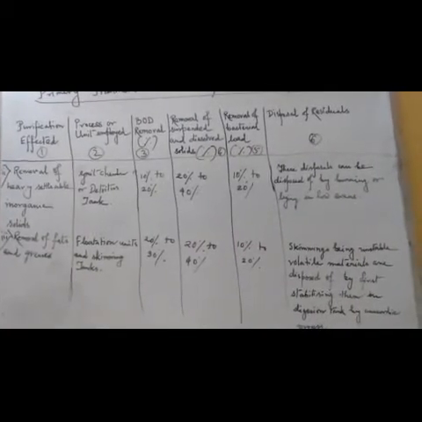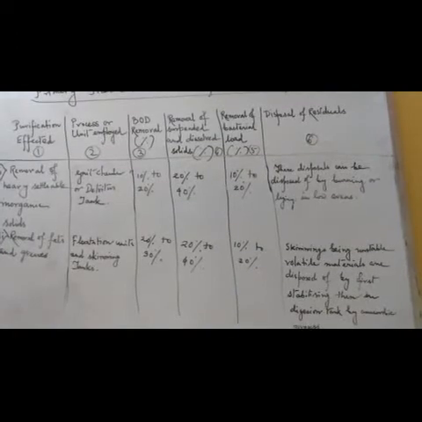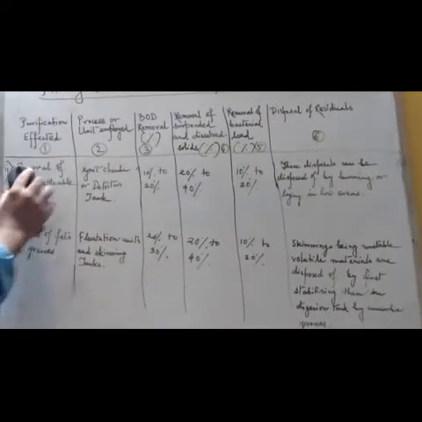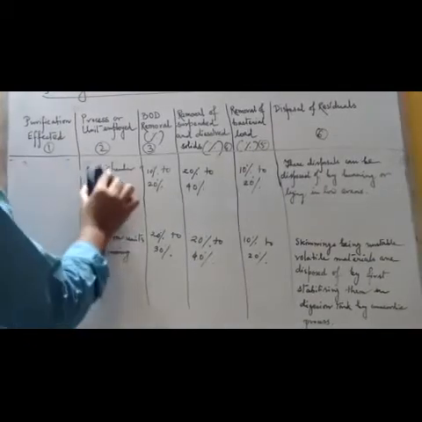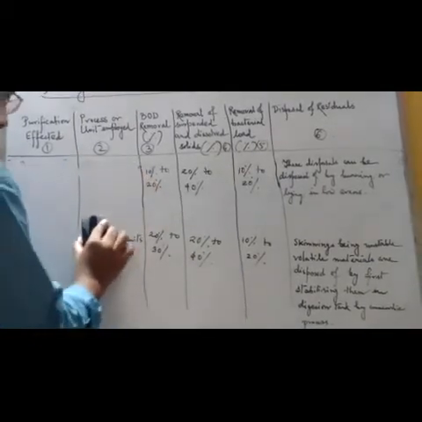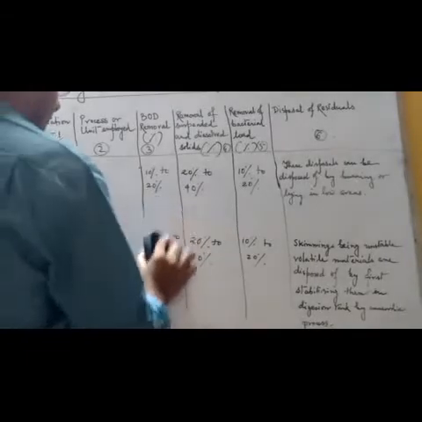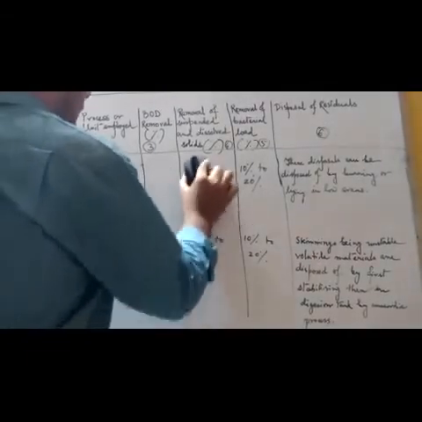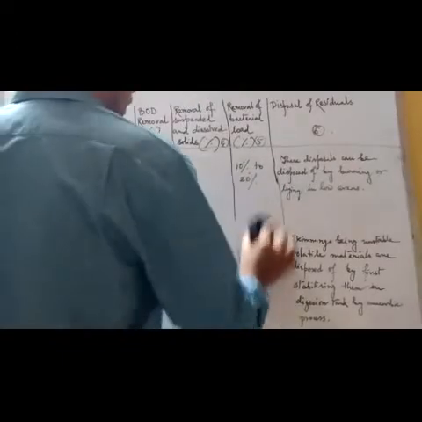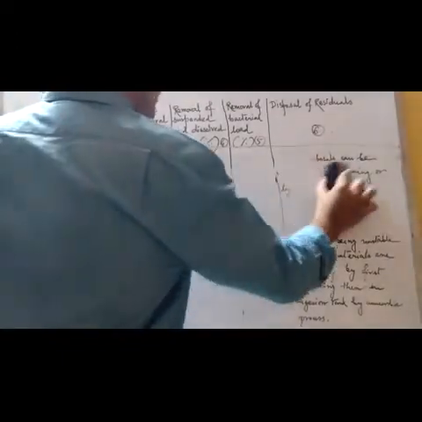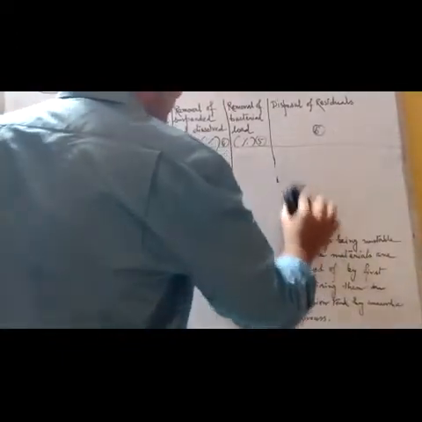So please write down the number 4, removal of large suspended organic solids. First of all, I have to erase this, and then please write down removal of large suspended solids.